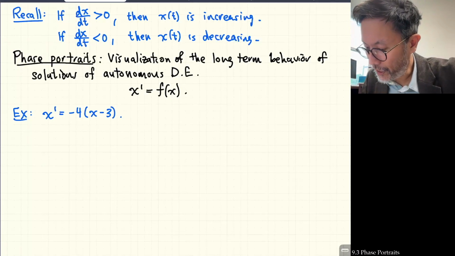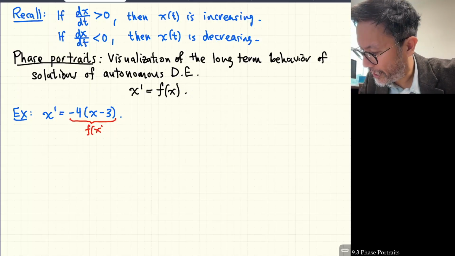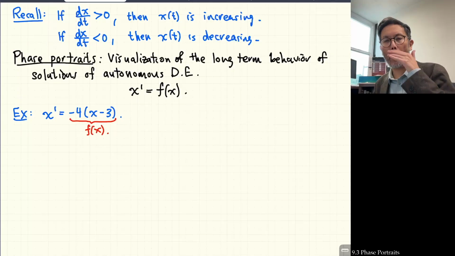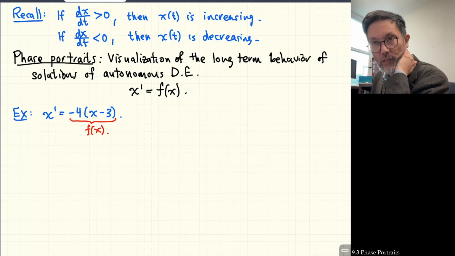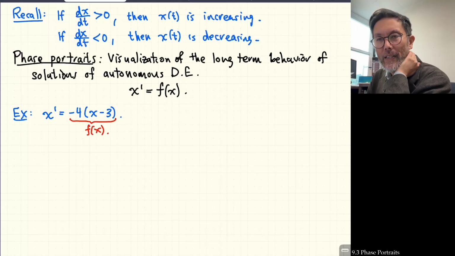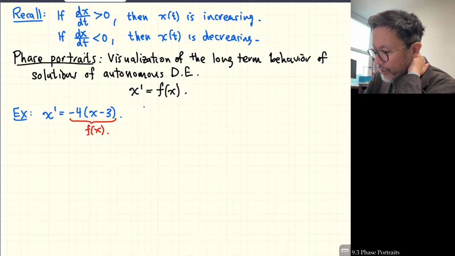Then clearly what's playing the role of f of x here in this autonomous differential equation is negative 4 times x minus 3. And one observation that you can very quickly make, which should be obvious, I hope, at this point, is that the equilibrium solution of this differential equation is x equal to 3.